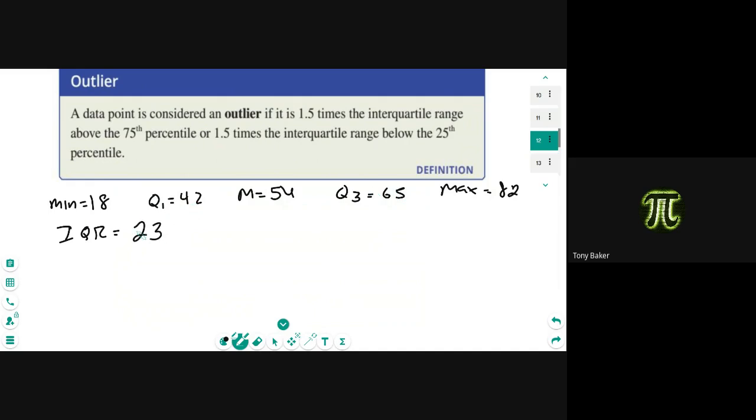All right, so now we have to do my calculation. So for my outliers, I'm going to do 1.5 times 23, which is what? Okay, so 34.5. So we're going to change this, always round up, so 35.